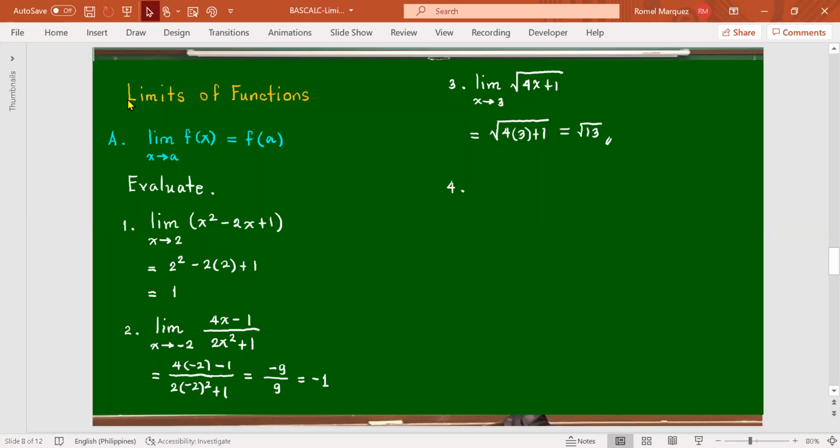Number 4, if I have the limit as x approaches, say, pi, of sine of x plus cosine of x, all over 1 plus 2 cosine of x.